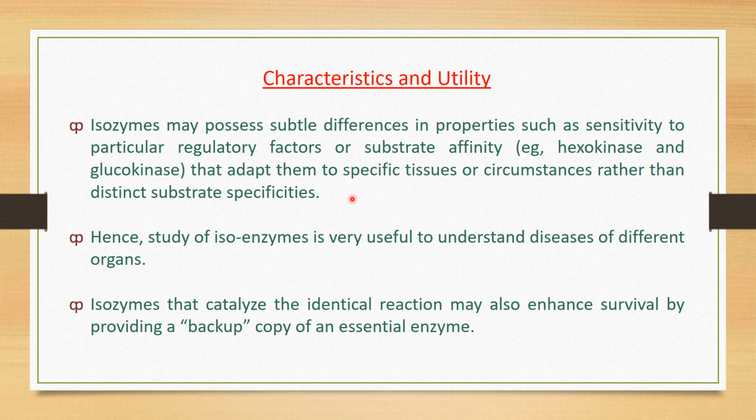That is why, due to this differentiation, they are very useful to understand the diseases of different organs, because different organs prefer different isoenzymes. So to understand or diagnose the disease of a particular organ, sometimes isoenzymes are of great help.